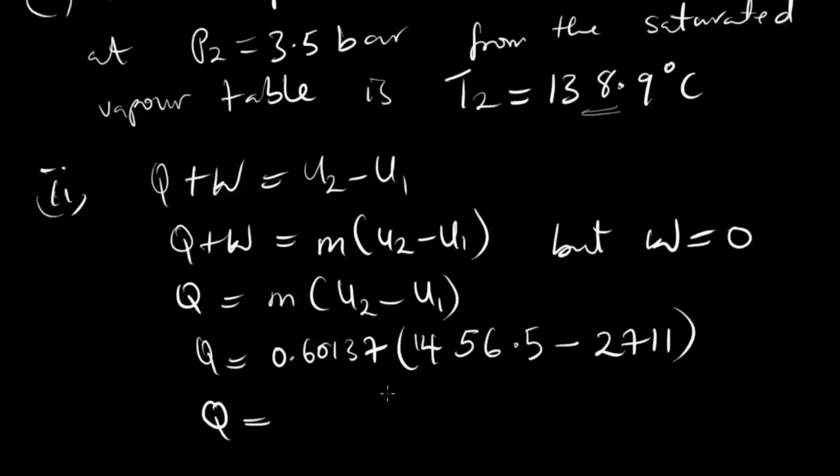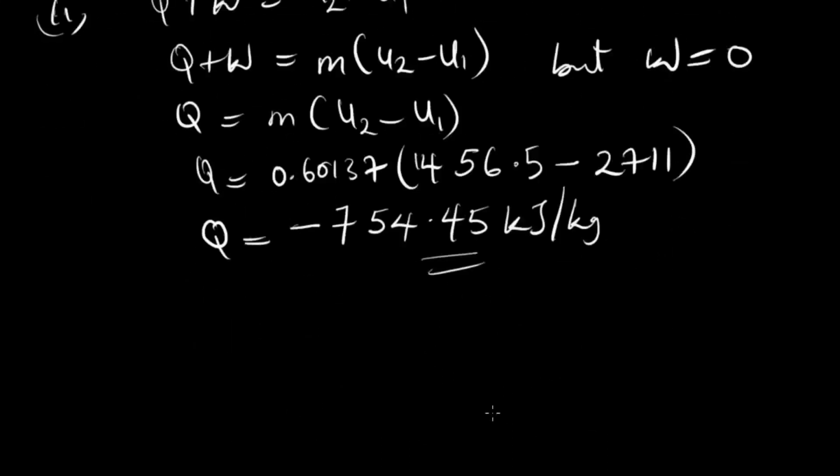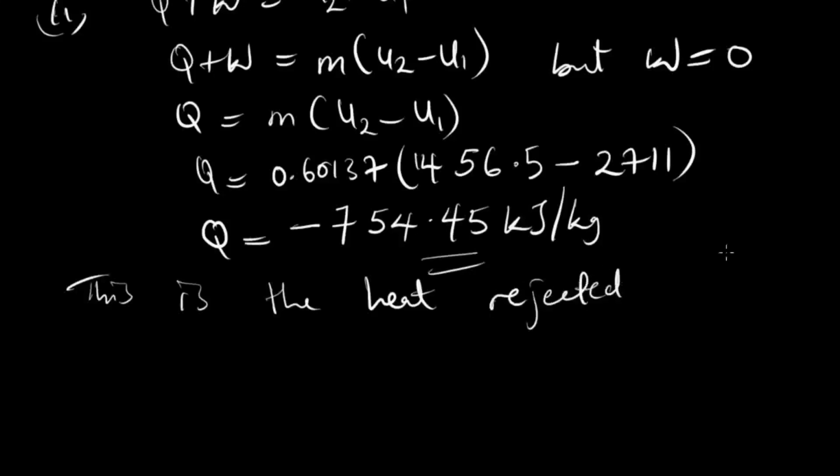So solving this, you have that your heat finally is minus 754.45 kilojoules. So the minus sign is the heat rejected.